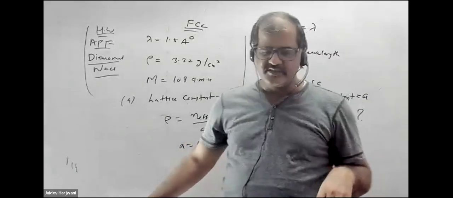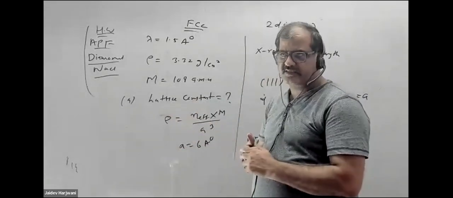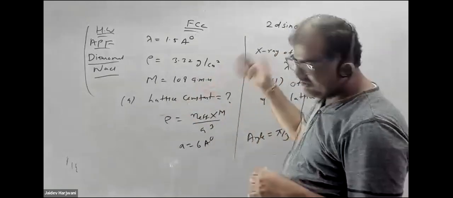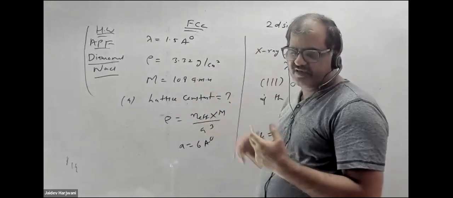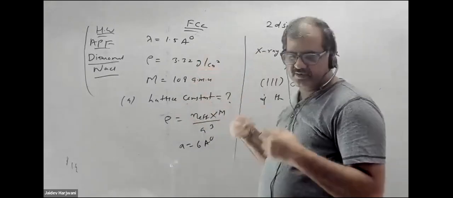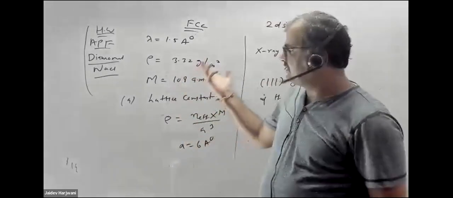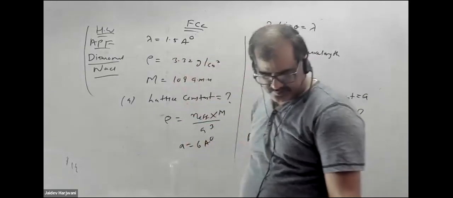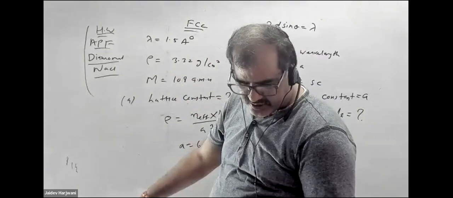That condition is represented by Bragg's law. Once you have the information of the crystal structure, then you can play with these formulas. In all the formulas you need this information: 2d sin theta equals n lambda. Now you should know d for different systems, and how to produce the wavelength, either the wavelength is given or you accelerate electrons. So you just need to calculate wavelength and d. Questions are made like this, small questions, not very difficult. Can I stop here?